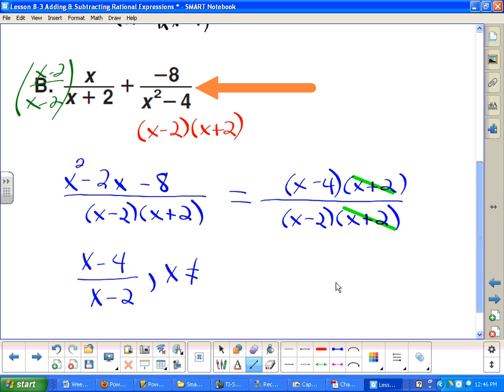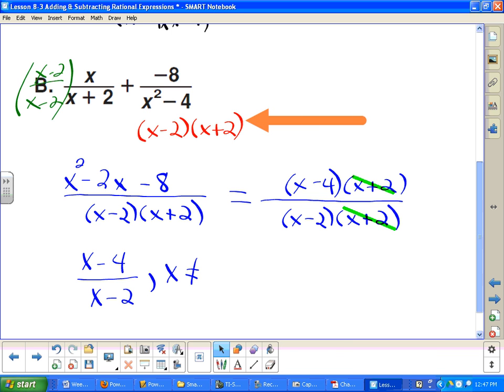What numbers are going to make both those denominators equal to 0? Okay, negative 2 and positive 2, right? Okay, here we've got positive 2 makes this 0, negative 2 makes that one 0.